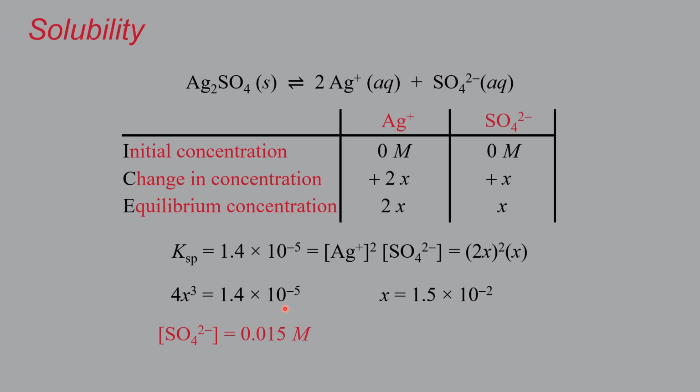If you were to take some silver sulfate and dissolve it in pure water, the sulfate concentration would start at 0 and climb until it got to 0.015 molar, and that would be it. The silver equilibrium concentration, just because of the stoichiometry of that particular salt, is twice that much, or 0.03 molar. And so that's how you determine, given a KSP, the equilibrium concentrations of the ions, in this case if you're trying to dissolve them in pure water.